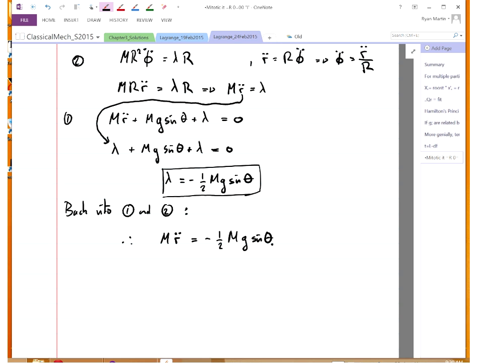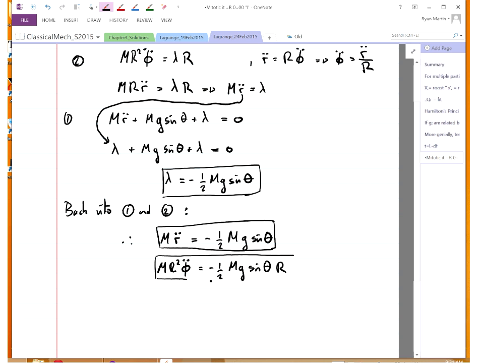And then equation 2, which was m r squared phi double dot equals lambda r, if I just replace the lambda by minus a half m g sine theta, I get m r squared phi double dot equals minus a half m g sine theta capital R. And yep, the capital R's would cancel, but I'm going to leave it in this form.